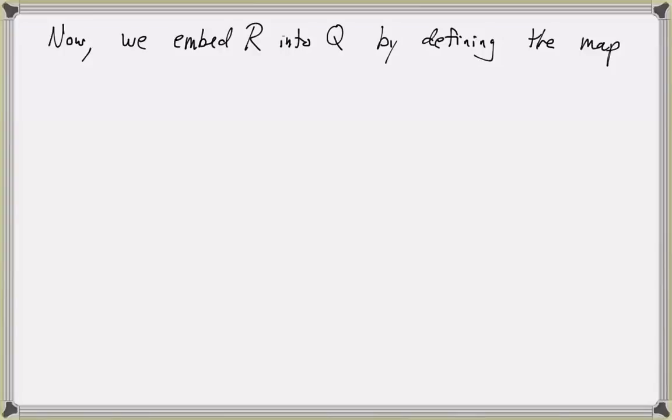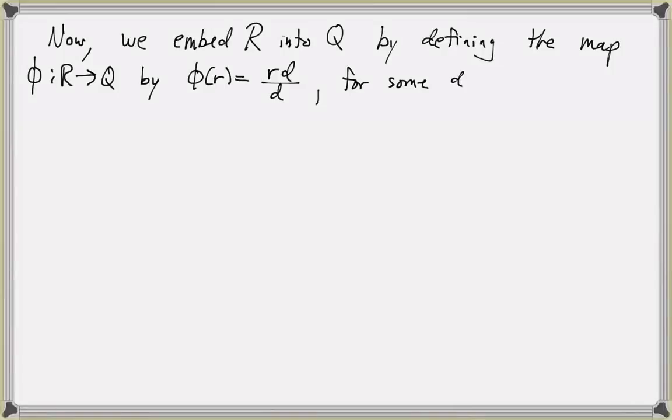Let's call it phi from R to Q by phi of r equals rd over d for some d in D.